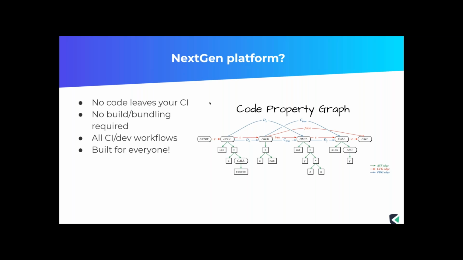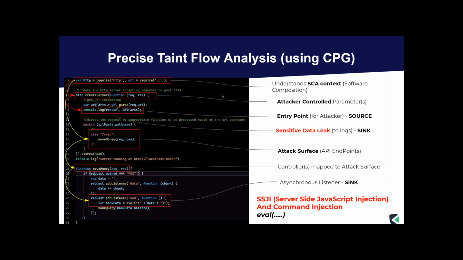And we have features not just for developers, not just for AppSec, but for all stakeholders. We really wanted to build this experience that's universal for everybody involved, every stakeholder involved in a typical JavaScript development lifecycle.